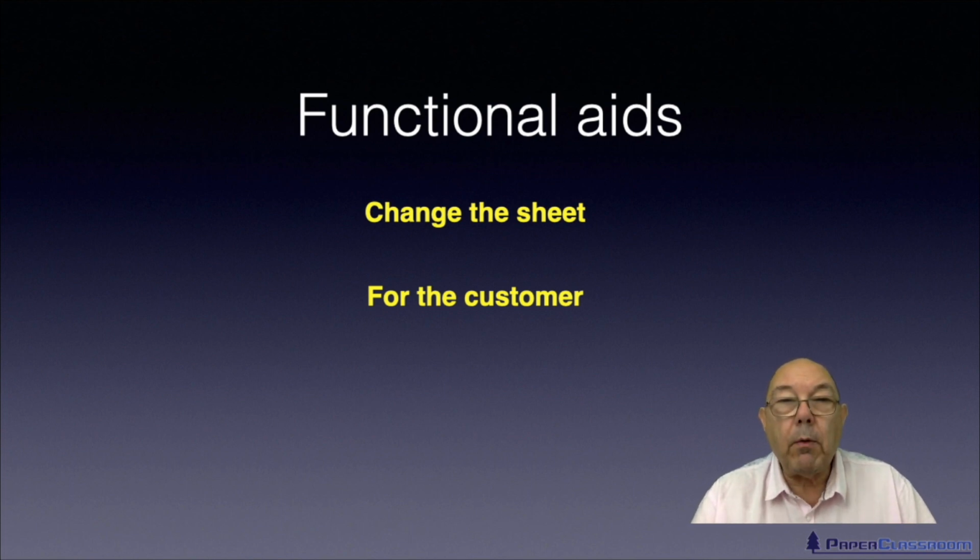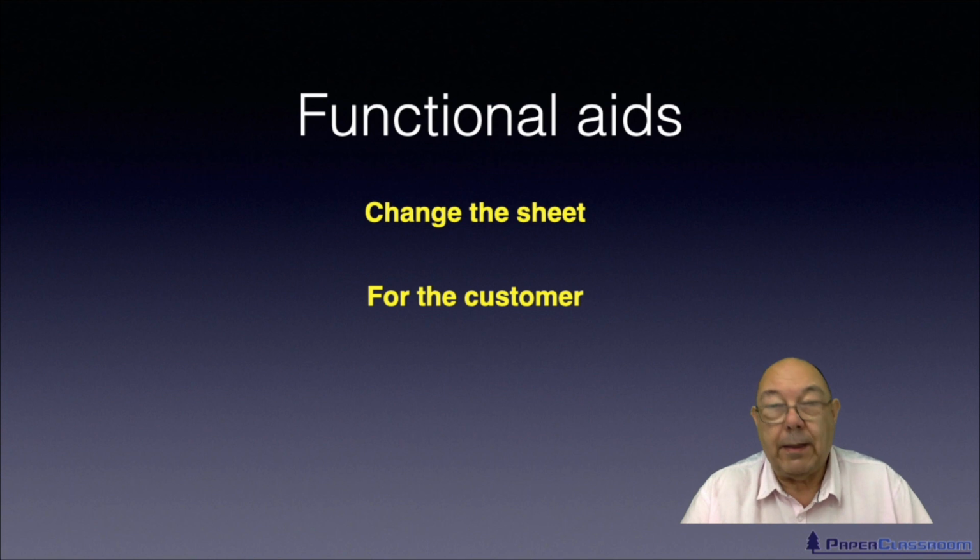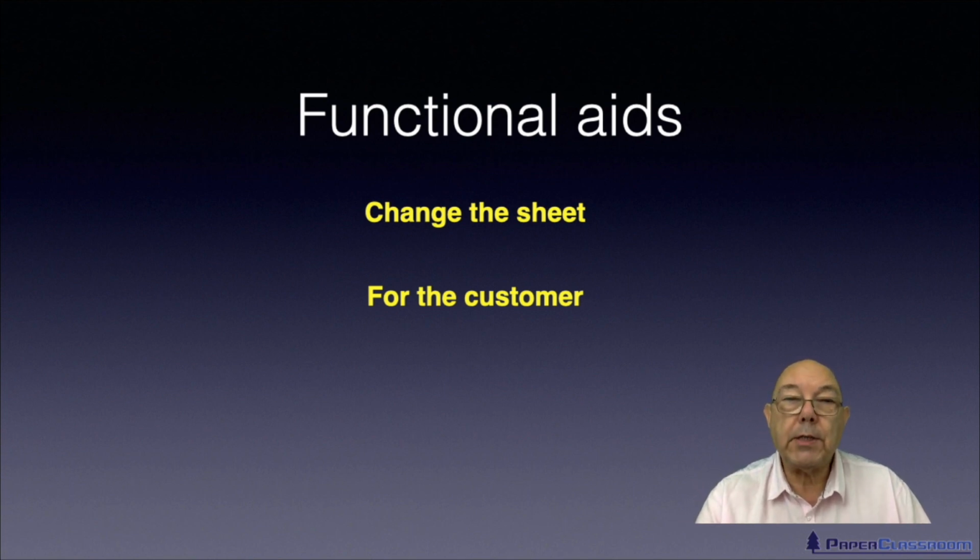So they help our process. So it's a process aid. The customer doesn't know about that, doesn't need to know about that, and doesn't want to know about that. So process aids help the process. Functional aids change the sheet to meet customer needs or customer demands or customer specifications.